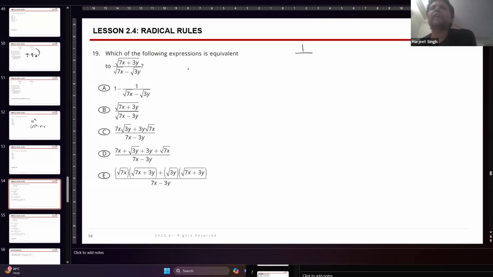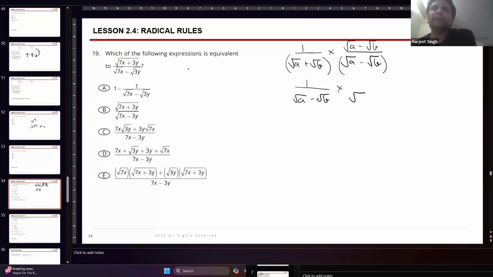For instance, if I have root A plus root B, I will just flip the sign in the middle and multiply numerator and denominator both by this. Similarly, if you have 1 upon root A minus root B, we will multiply by root A plus root B on both numerator and denominator.